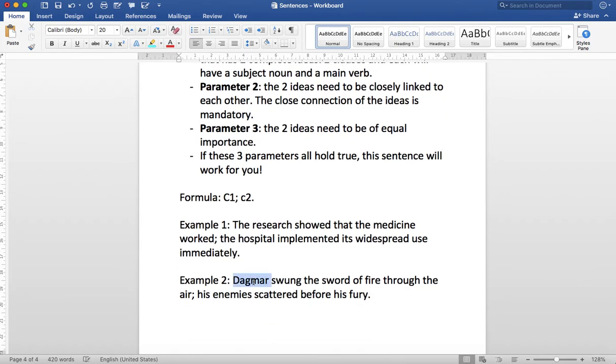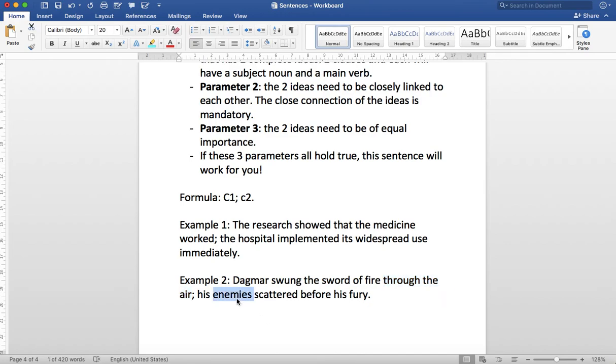We've got our subject, we've got our predicate. We can see that there's an object here, the sword of fire, and then a prepositional phrase at the end that's talking about the method with which he's doing it, or kind of the location where he's doing it. So we have everything for a complete clause there.